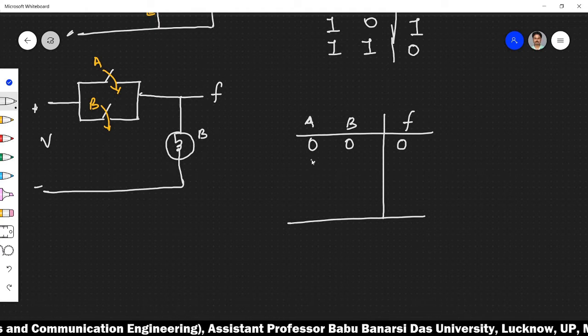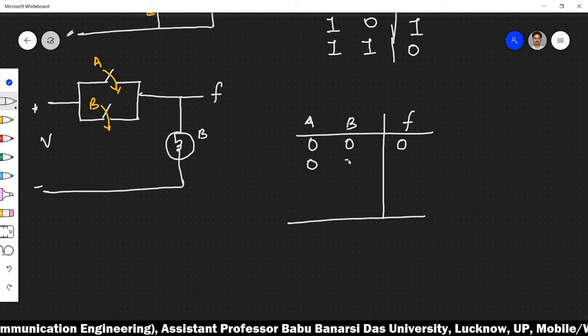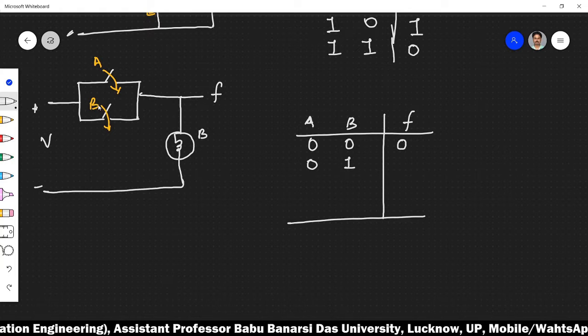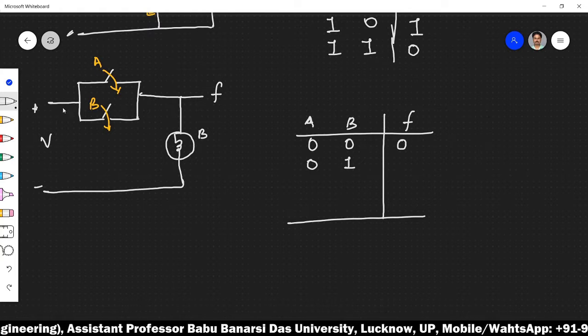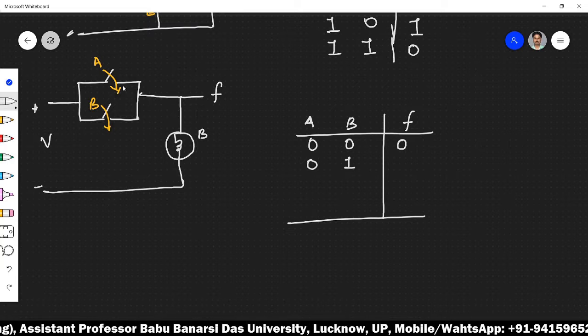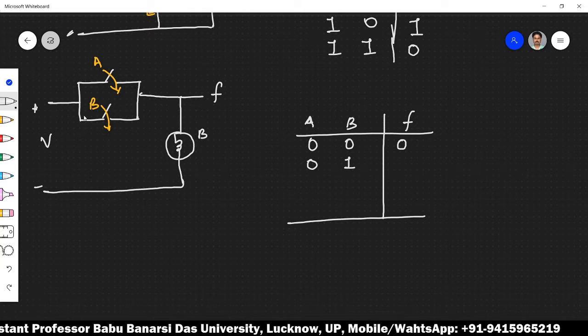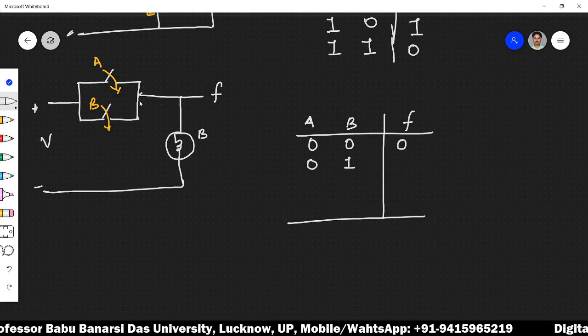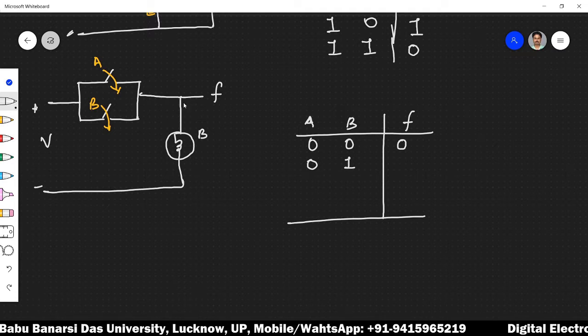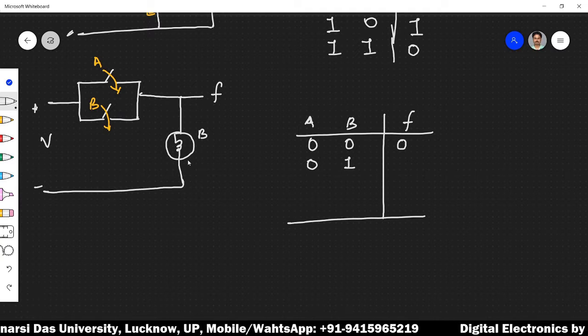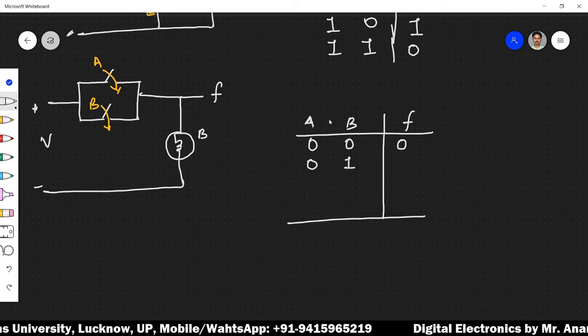What happened when A is open and B is closed? When A is open, there is no path for the current in this way. But when B is closed, we have a path for the current conduction, and this current will flow through this bulb, and in this case the bulb will glow.